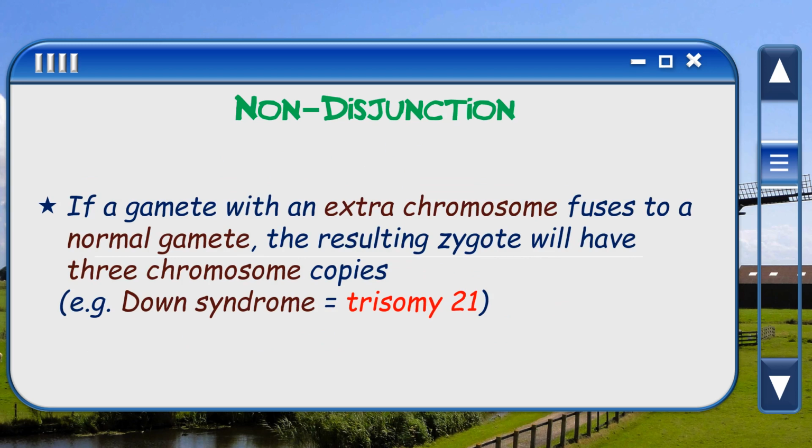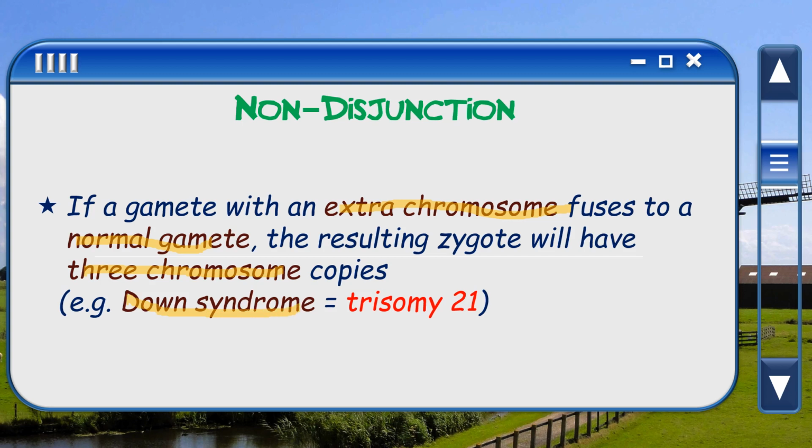If a gamete with an extra chromosome fuses with a normal gamete, the resulting zygote has 3 chromosome copies, and that one is going to cause what we are calling Down syndrome.